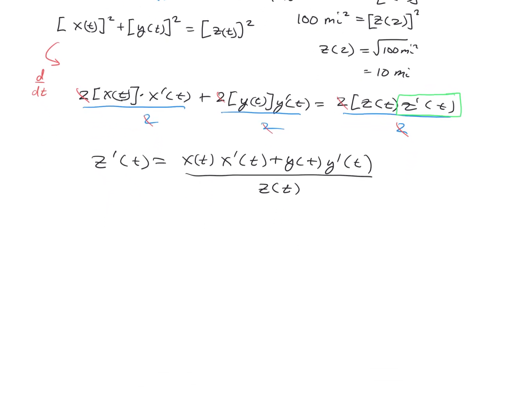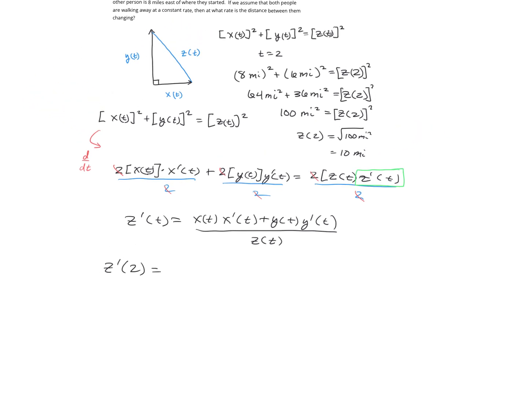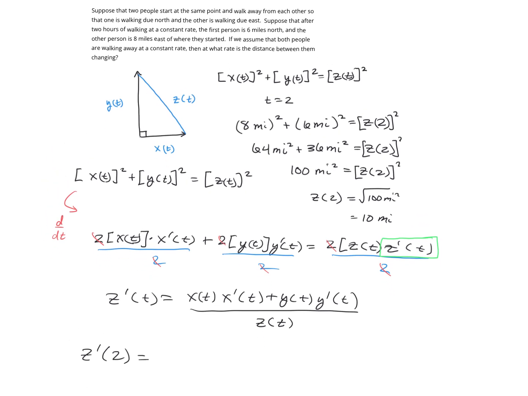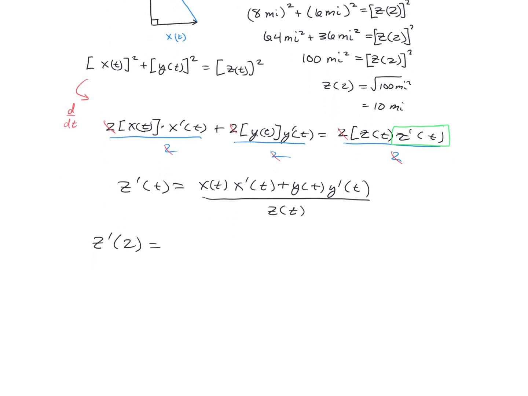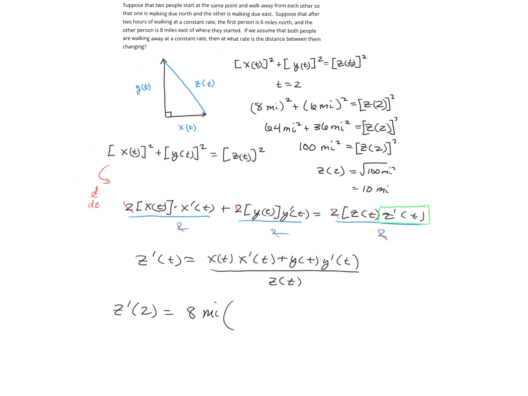And we can now substitute all of these rates in. And again, we're looking at the 2-hour mark here. So we're going to say this is z prime of 2. So after 2 hours of walking, we go back to the problem, and it says that we end up going east 8 miles. So that's going to be our 8 miles. And then our rate of change for walking east is going to be the amount of distance we walked divided by the amount of time we spent walking.